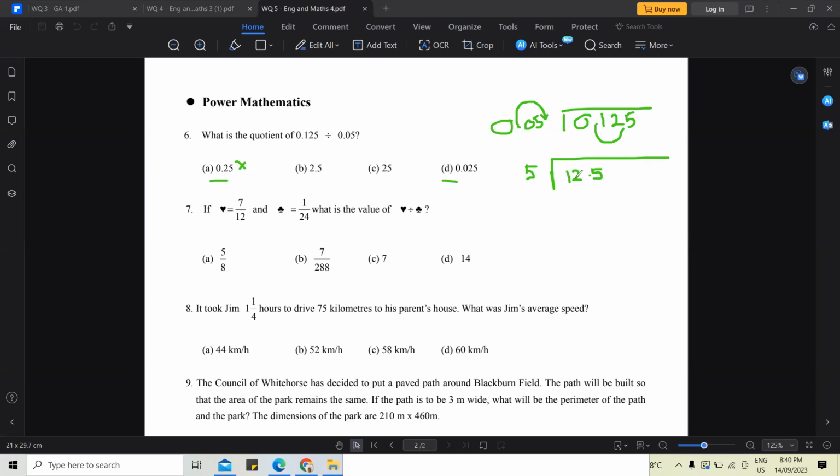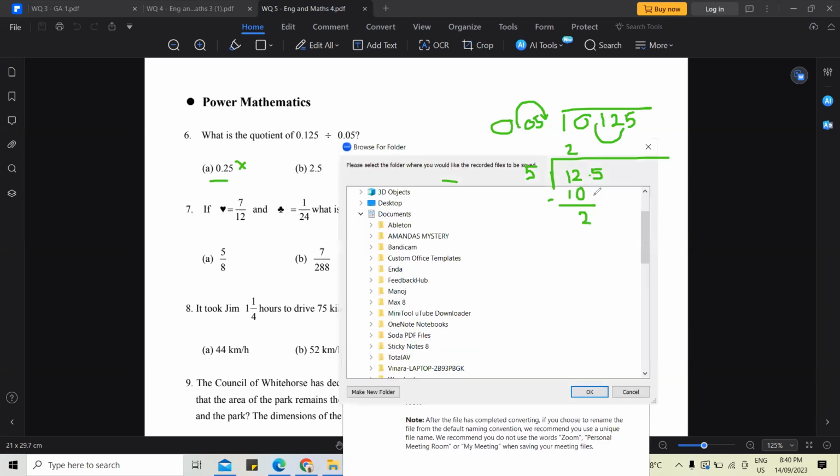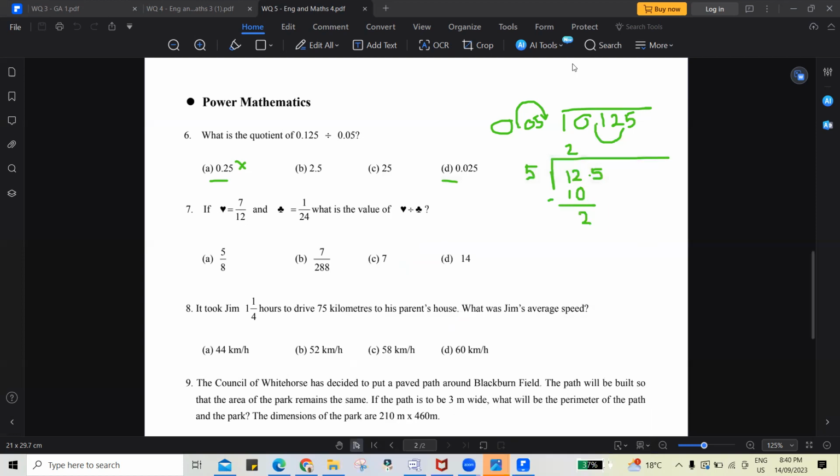How many 5s in 12? 2, 2 times 5 is 10. Take away, 12 minus 10 is 2. But there's a decimal point. We put the decimal point in the same location.